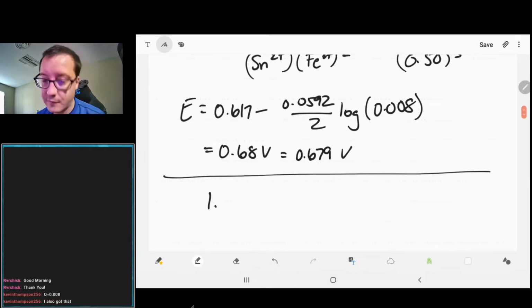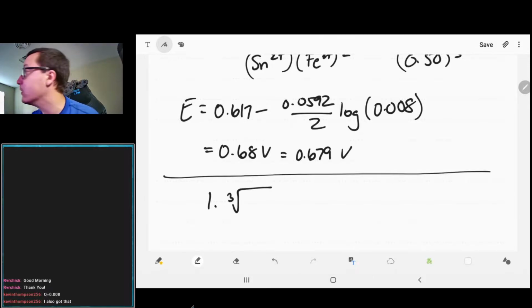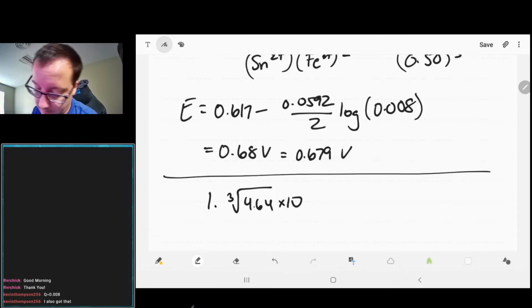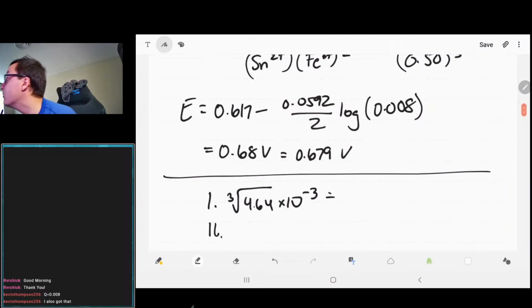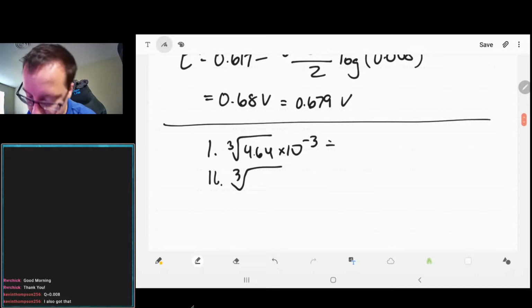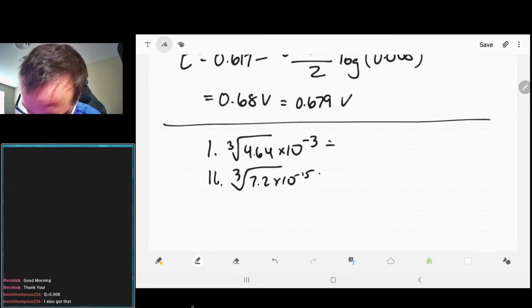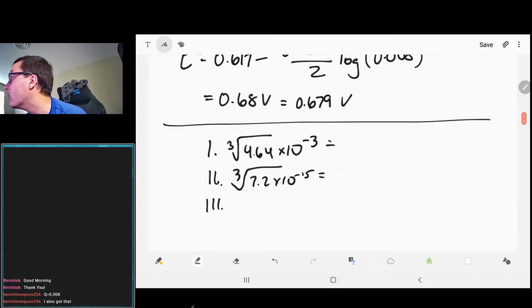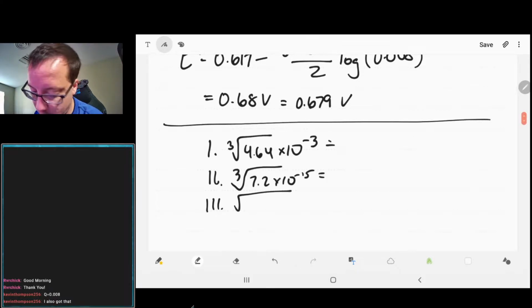If we just figure out what the molar solubility of that is, it's going to be the cube root of that number, right? 4.64 times 10 to the negative 3. 2 is also a cube root, so we're looking for a cube root of 7.2 times 10 to the negative 15. And then 3, we're looking at just a square root of 3.13 times 10 to the negative 11.